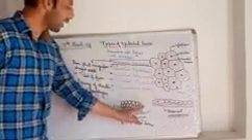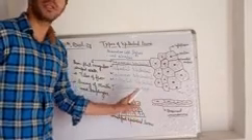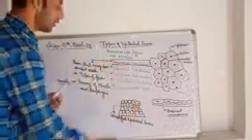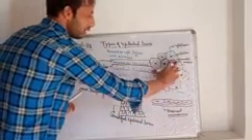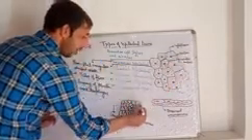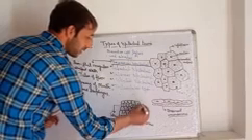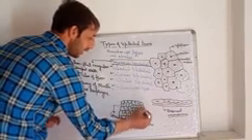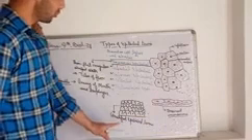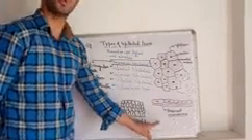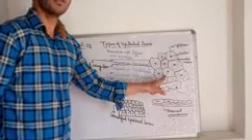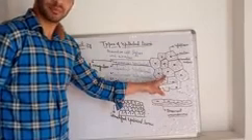But when the cells of squamous epithelial tissue are arranged in many layers, like here the cells are thin and flat in a single layer, and here the cells are arranged in many layers, then it is to be called stratified squamous epithelial tissue. Single layered cells make simple squamous epithelial tissue.